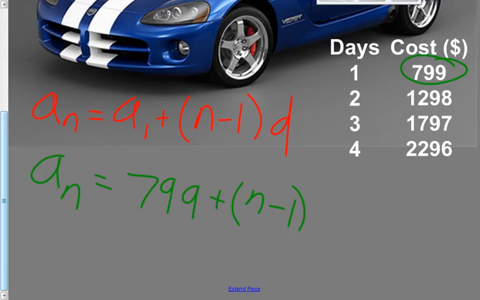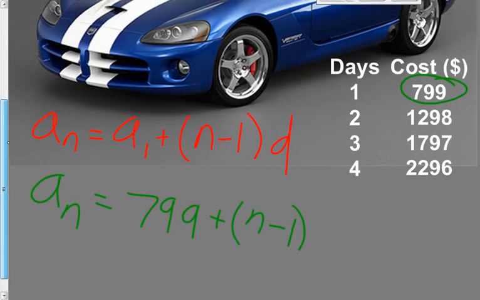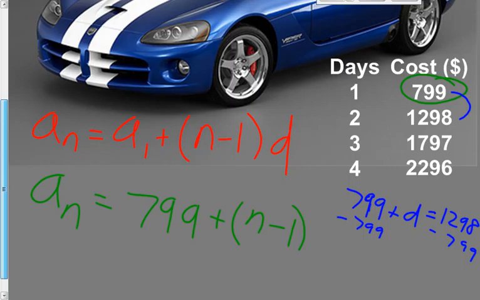Times the common difference. So how do I get that common difference? What do I add to go from here to here? $799 plus what number? That common difference gives us $12.98. Well, it's $12.98 minus $7.99.